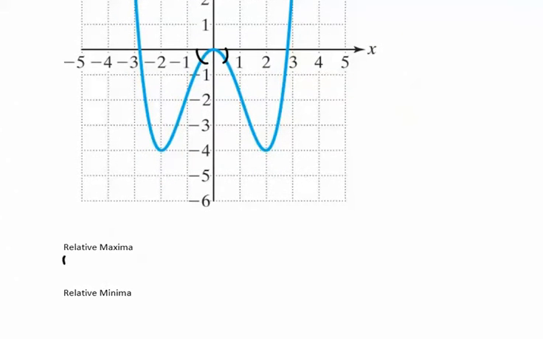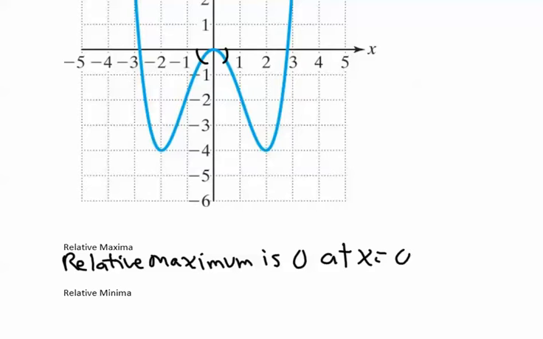So there is a relative maximum is 0 at x equal to 0. Remember, the relative maximum or minimum are range values. Okay? Now, for instance, I don't have a relative maximum if I drew a neighborhood like that or put parentheses there.